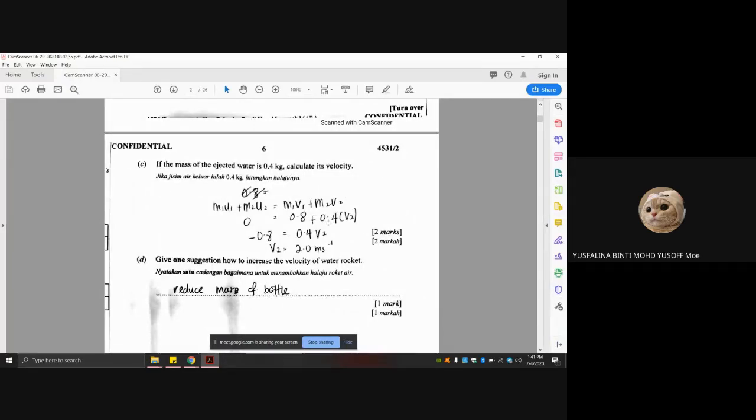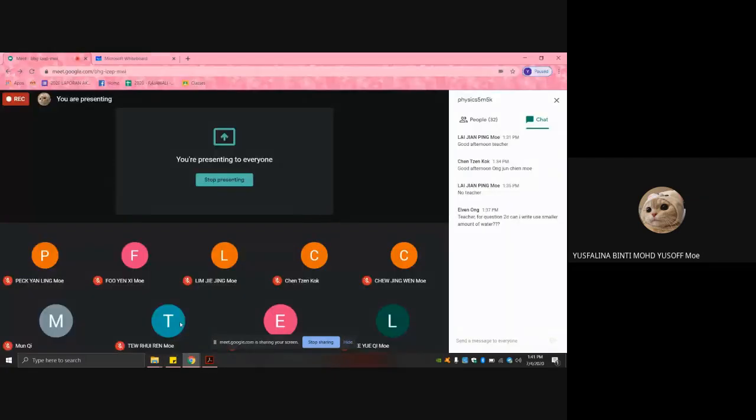The momentum of the ejected water is going downward, right? So if you use the smaller mass, of course the total momentum produced by the ejected water will be low. So it means the bottle cannot go higher, right? Is it okay, Alvin? Okay.